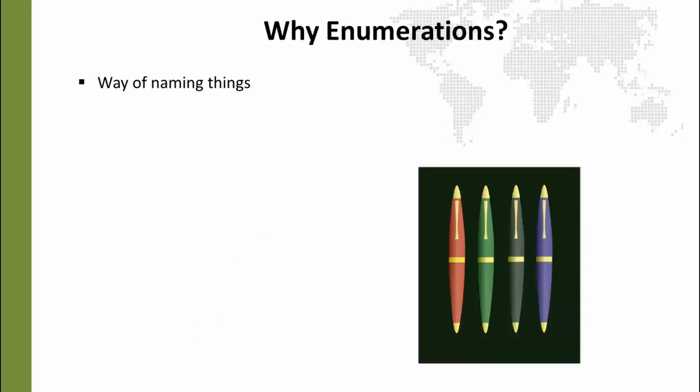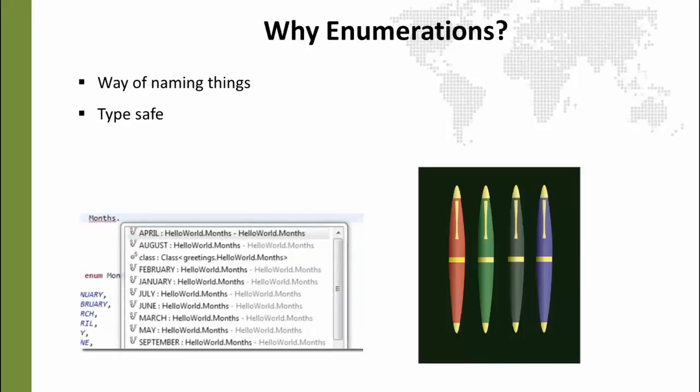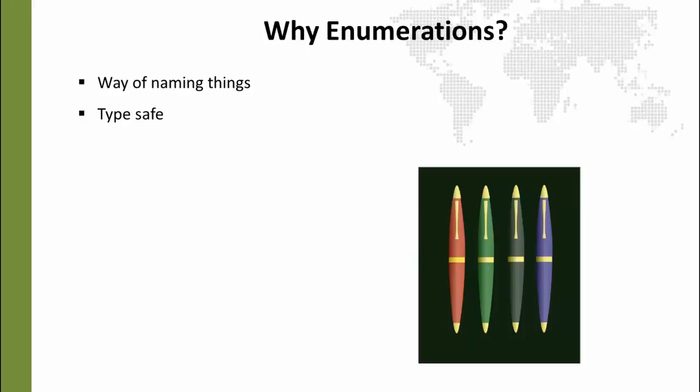Along with that, we get some type safety. If we create an enumeration of months, we would be able to type the word months and hit dot in Eclipse, for example, and see all the options available to us, instead of using strings. Let's look at an example. I will create a constant string that stores the name of a month.